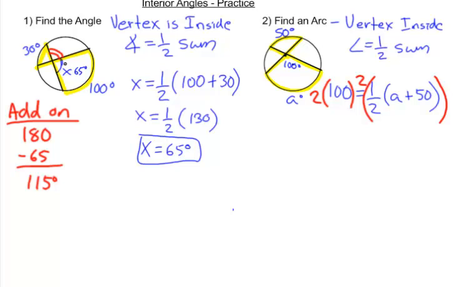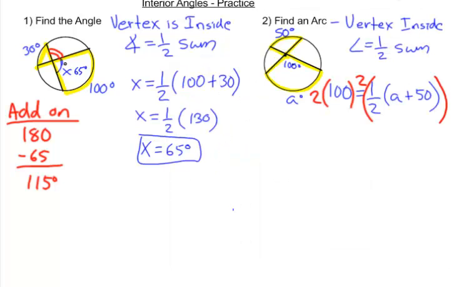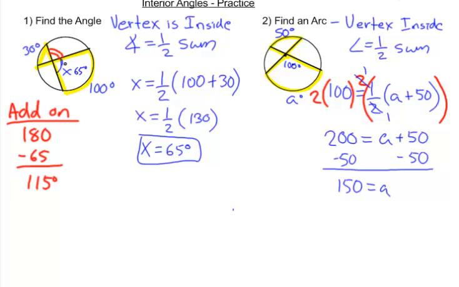On the left side we get 200, and on the right side, 2 divided by 2 is 1. When we multiply something by 1, it doesn't change the value, so it just becomes A plus 50. So what you do when you're looking for the arc is multiply both sides by 2. That eliminates your fraction. Now we subtract 50, and you get 150 equals A.